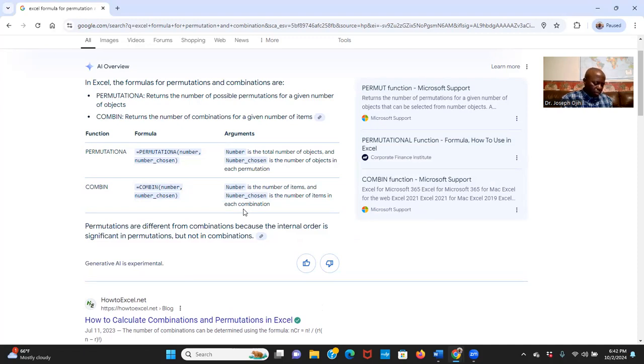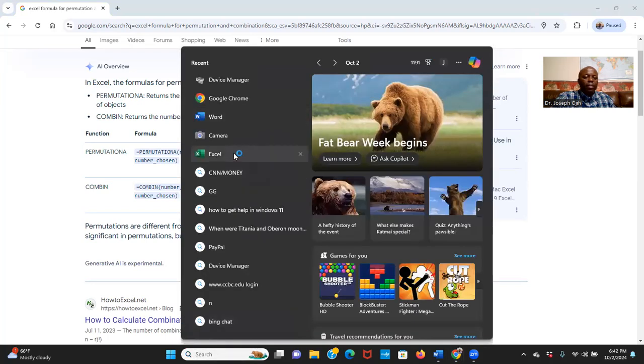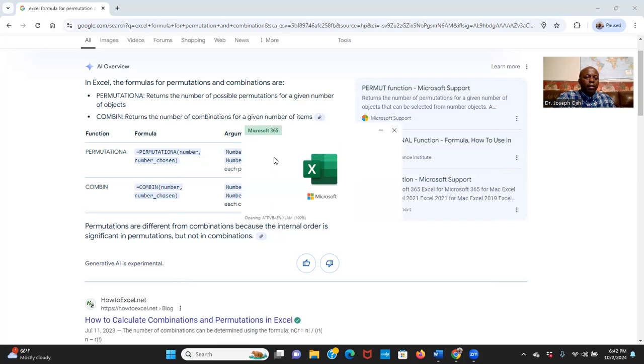Permutation A, number, comma, number chosen. So that's what it says. So let me open Excel. Let's try it in Excel, right?